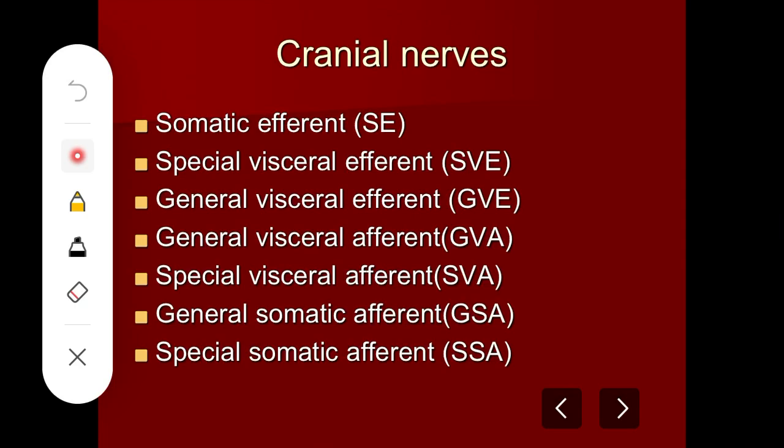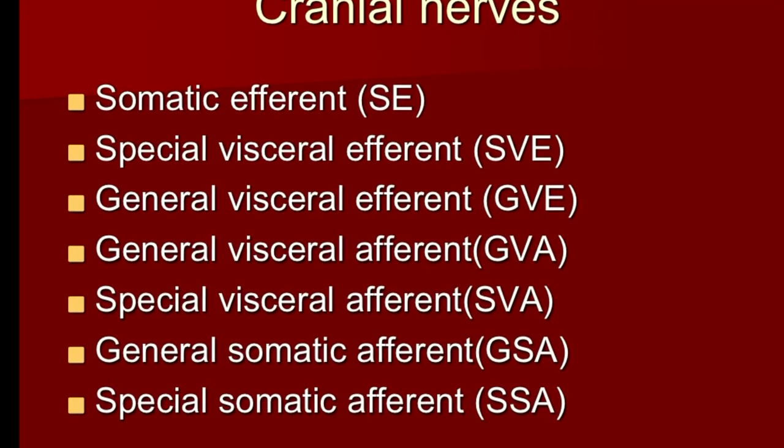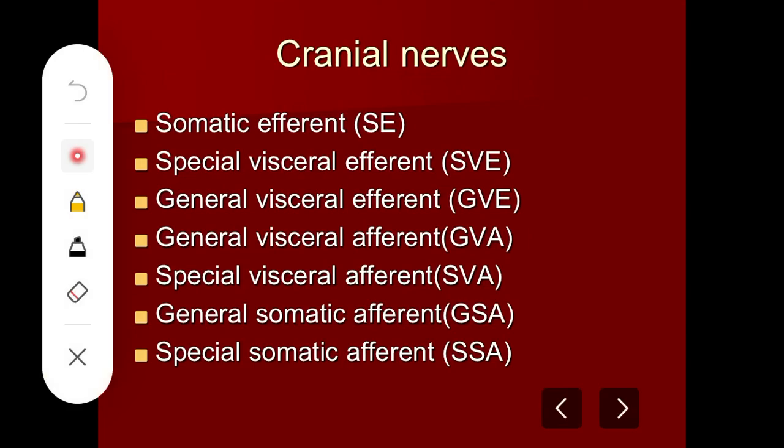Out of this, 3 are motor and 4 are sensory. The first 3 that I have mentioned are motor: somatic efferent, SVE special visceral efferent, and GVE general visceral efferent. That much is motor, the rest 4 are sensory.